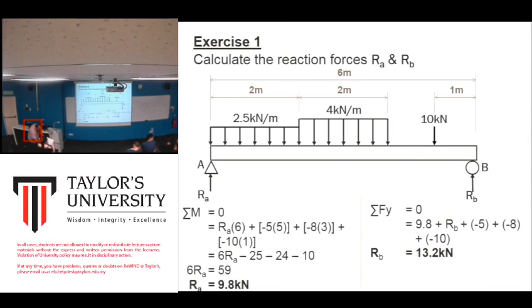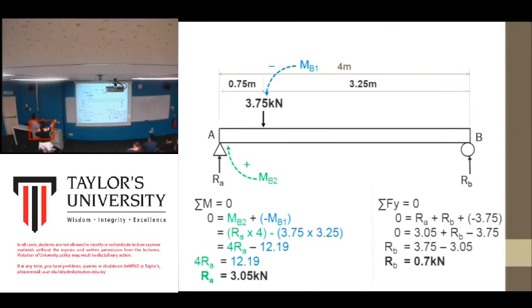Because I didn't know, I see the green one is negative, so I saw it as negative. Don't worry about the color coding. Anything that is clockwise, positive, and anti-clockwise, negative. That's it. Okay.